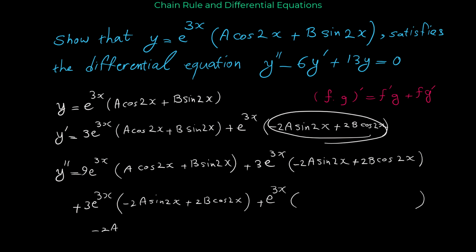For finding the derivative of negative 2a sine 2x, keep the negative 2a, find the derivative of sine 2x, its derivative is cosine 2x, and multiply by the derivative of 2x, which is 2. 2 times negative 2a is negative 4a. So it is negative 4a cosine 2x.